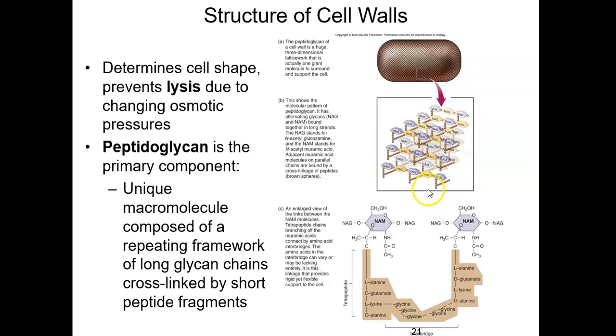So bacteria, if they don't have the cell wall, can't protect themselves and they end up lysing. So we've figured out a way to create antibiotics that are going to go in and actually break these tetrapeptide bridges, breaking up the structure of the cell walls.